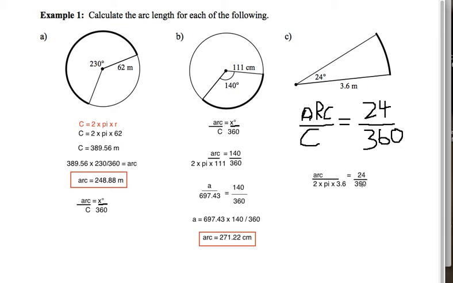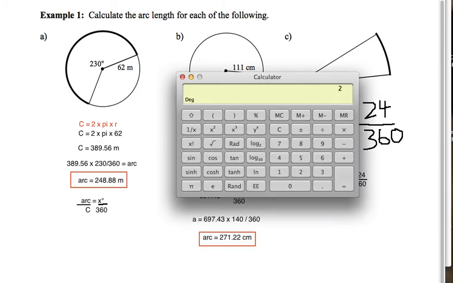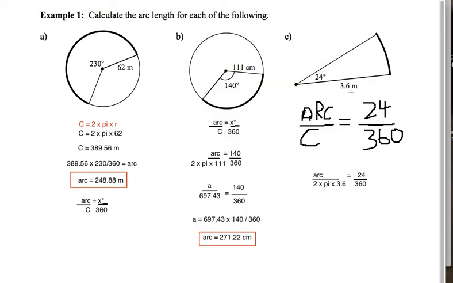And now this just becomes a question of calculation, right? I got to simplify this first, then it's going to be fish method. This times this divided by this gives me the arc. Let's write that out. 2 times pi times 3.6 is where I start. 2 times pi times 3.6 gives me 22.62 meters.